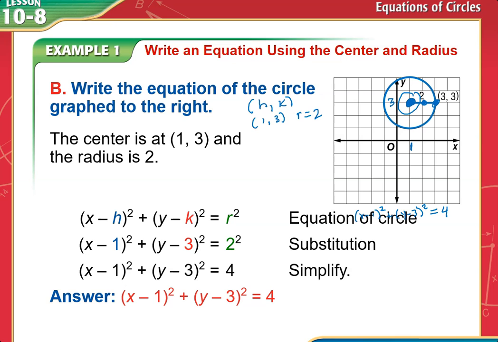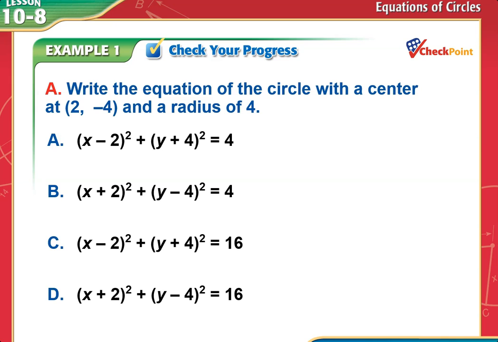Next one, you're going to check your progress. You can pause your video and try to write the equation of the circle that has a center at (2, -4) and a radius of 4. Good. If you said C, you are correct. So we have this as h, and this here is k, and we have radius 4.